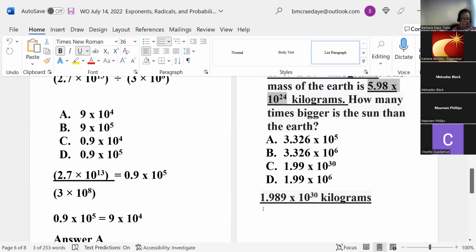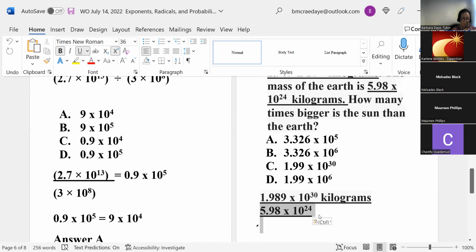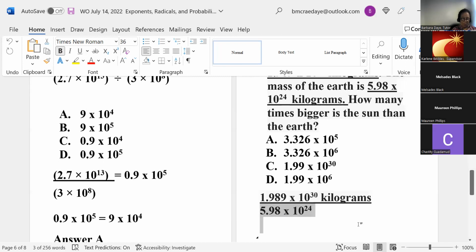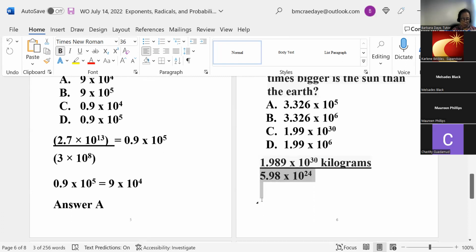Now, when you divided that, what did you get, Mercedes? When I did that, I got 0.3326. Okay, so you got 0.3326, and that's times 10 to the what?